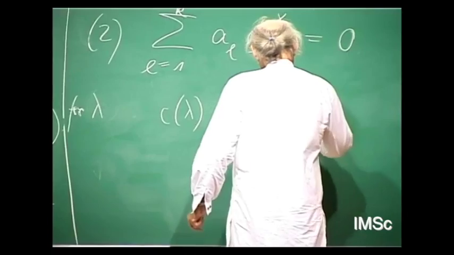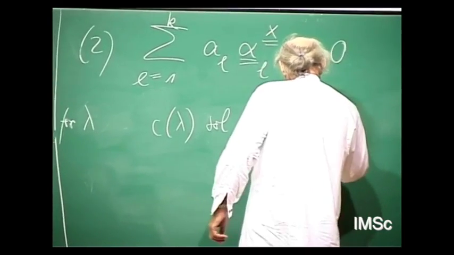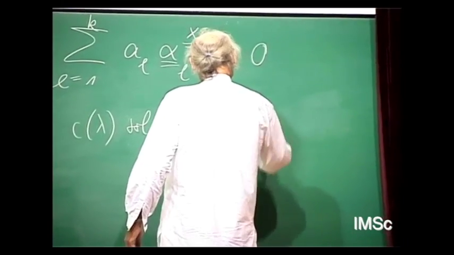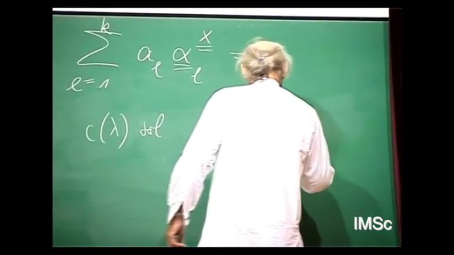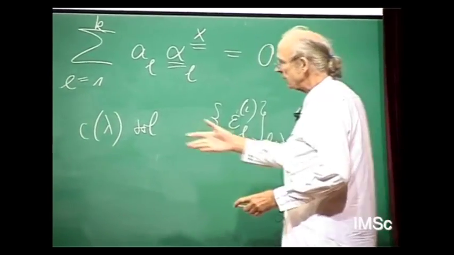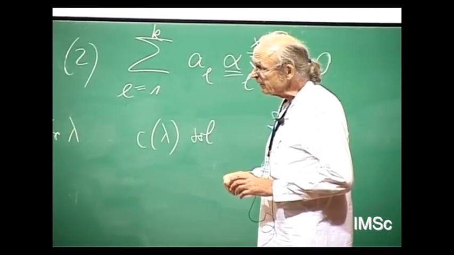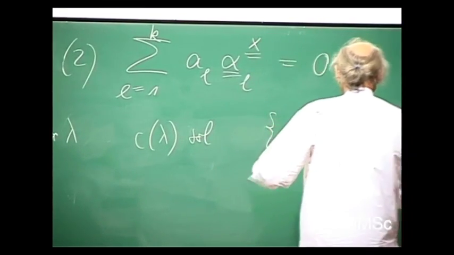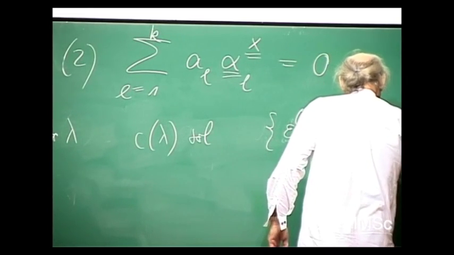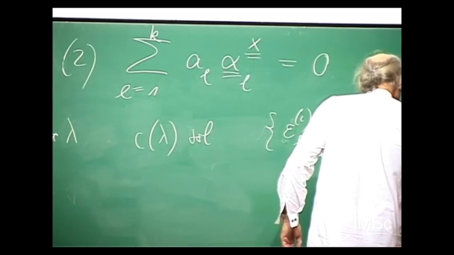So these solutions are of the type epsilon L super I, where L now runs through lambda, and as we said that we find finitely many solutions, so I runs between 1 and C of lambda.